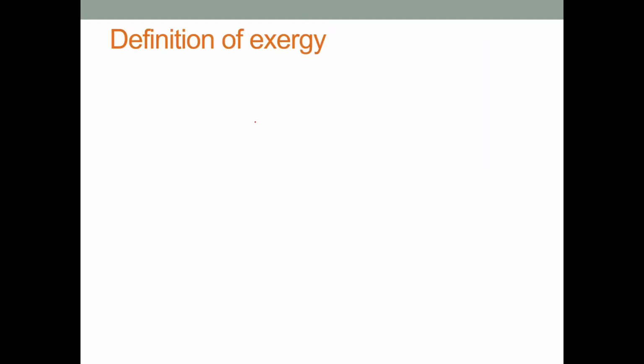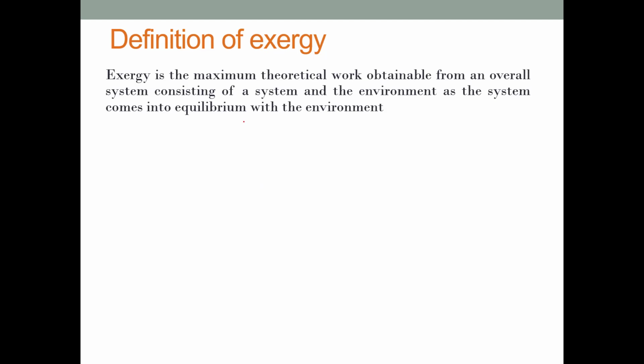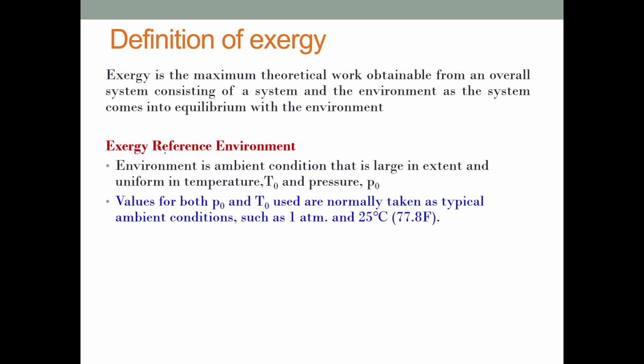Now let's define exergy. So exergy is basically the maximum theoretical work obtainable from an overall system. Overall system means the system and the surroundings, right, with reference to some environment condition. Okay, and the environment condition or reference condition is very important. Normally we take temperature as 25 degrees C and pressure as 1 atmosphere.